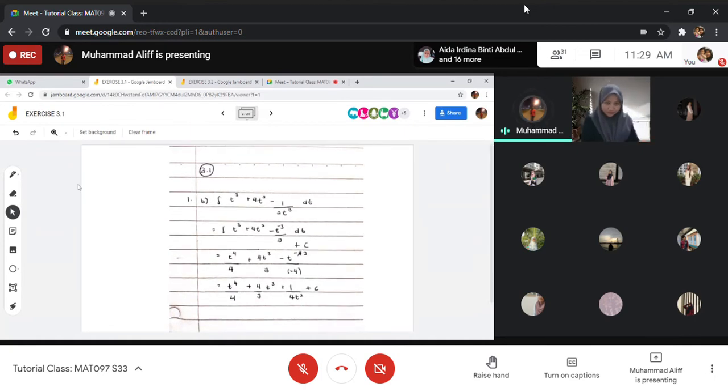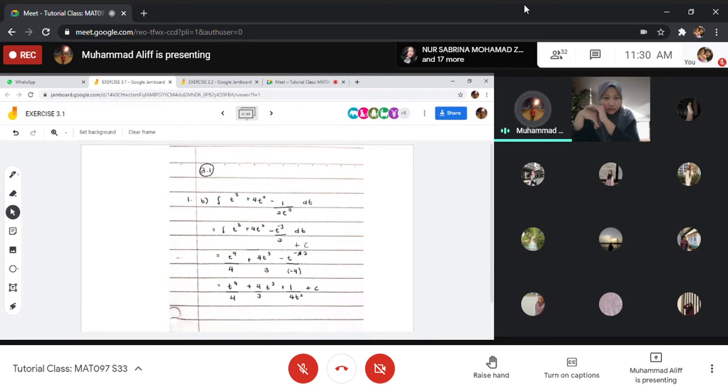For exercise 3.1 1B, it asks to integrate the function t to the power of 3 plus 4t squared minus 1 over 2t cubed dt. First I bring the third term, t cubed, up to the top, so it becomes t to the power of negative 3. Then I integrate each term.